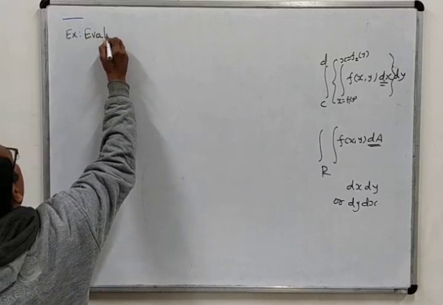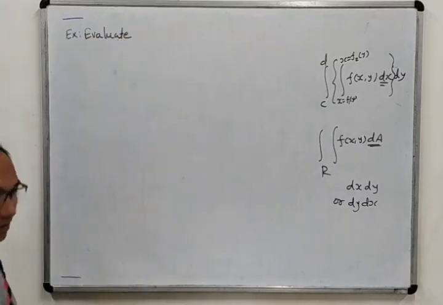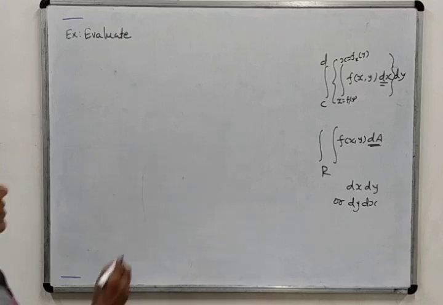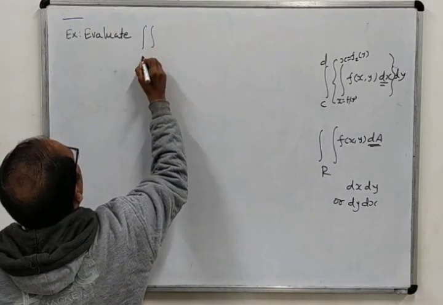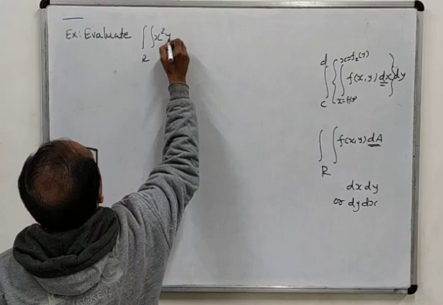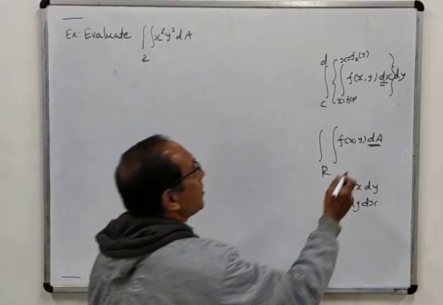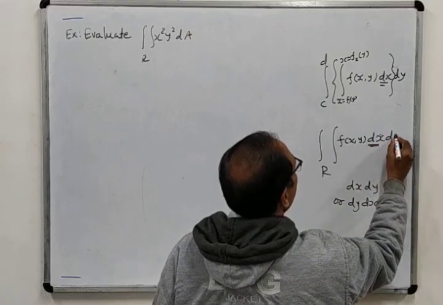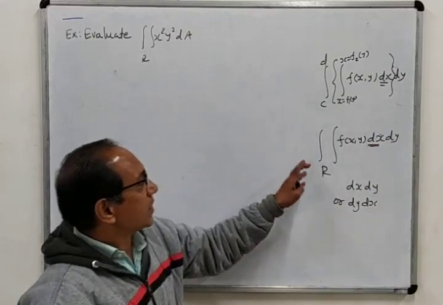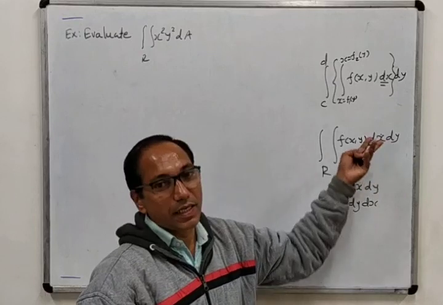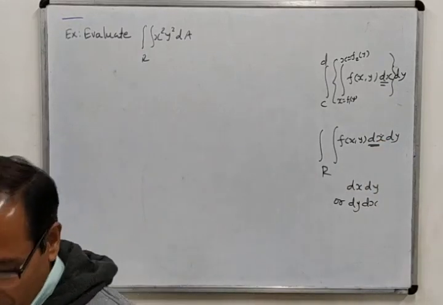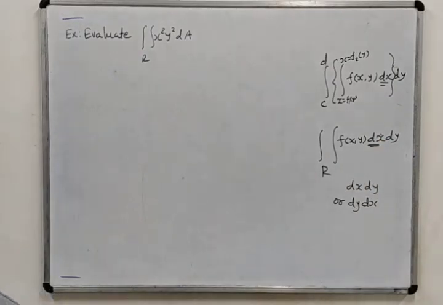Evaluate the double integration of x square y square dA. Sometimes instead of dA, it may be written dx dy directly also. However, if the limits are not given, you can change the order of integration. That means you can write dy dx, whichever makes the limits simple to integrate.